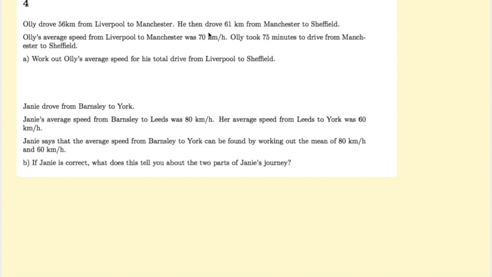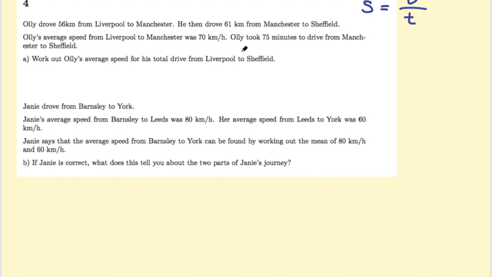So for one part of the trip we're given the speed, and then for one part of the trip we're given the time. And I'd say the most useful formula for this question would be this one that says speed equals distance over time. There's a few ways you could do this.